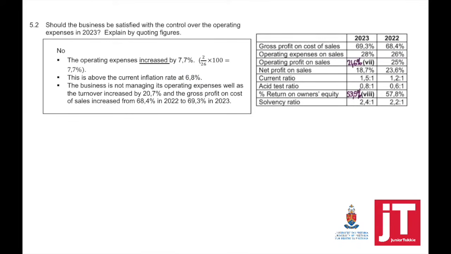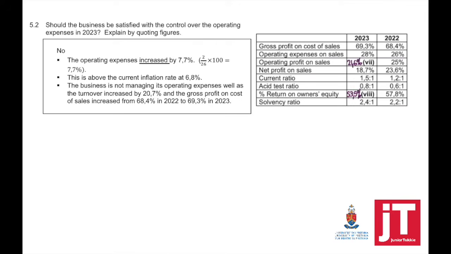You could have said by 2 basis points, but don't make it complicated. Quote the figures. It increased from 26 to 28%, and that is actually 7.7%. So take note the difference in commenting by just looking at the percentage by how much it increased.